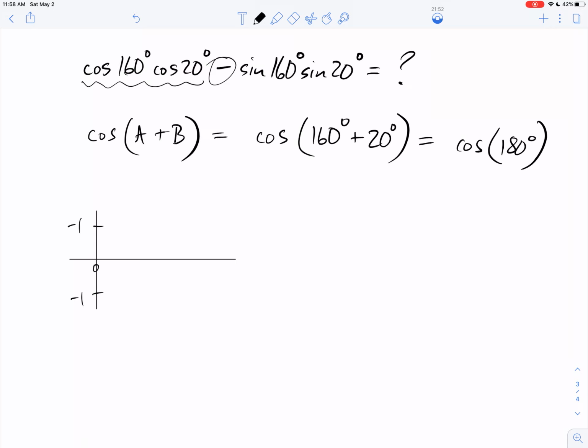I know that when I drew a cosine graph, check this out, it started above the line, then it went back to the line, then it went below the line, back on the line, above the line. When I sketch a cosine graph, right here, isn't pi equal to 180 degrees? So if I want to know the cosine of 180 degrees, I want to know the cosine of pi. Well, what's the value? It equals -1, man.